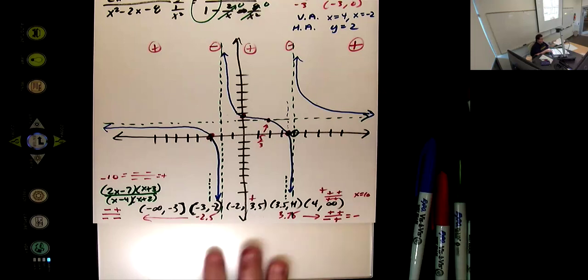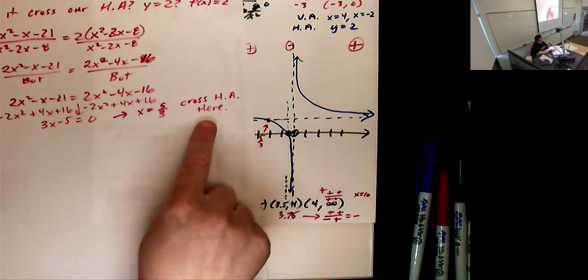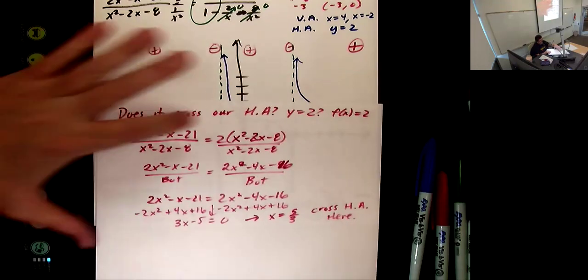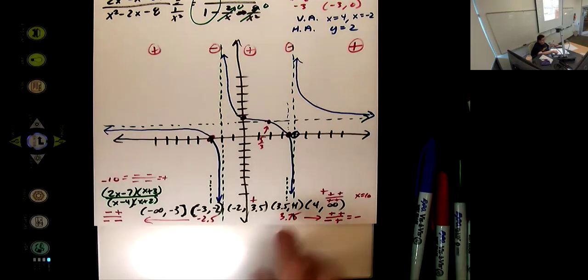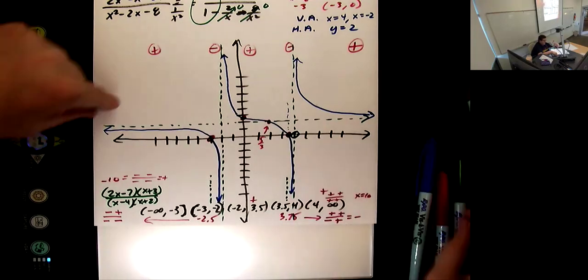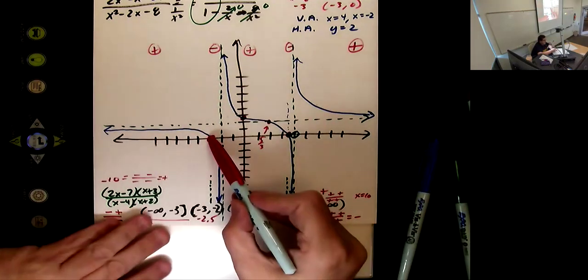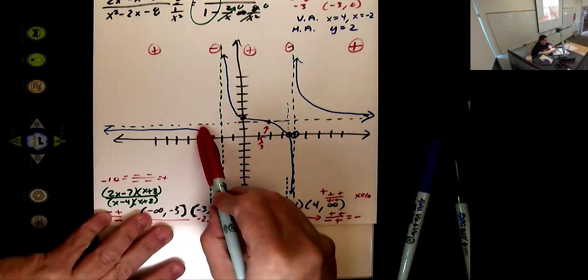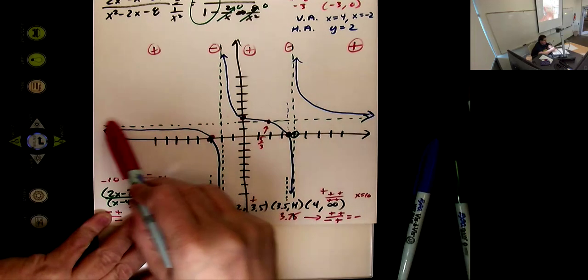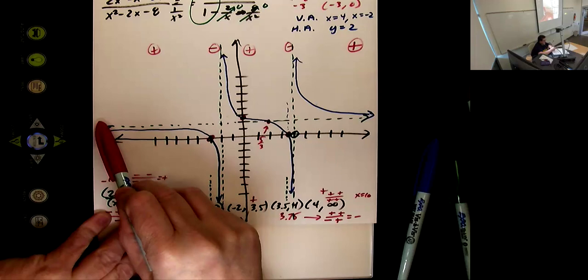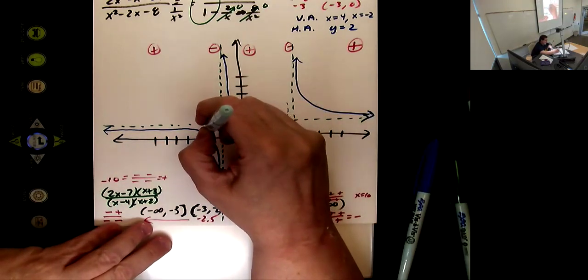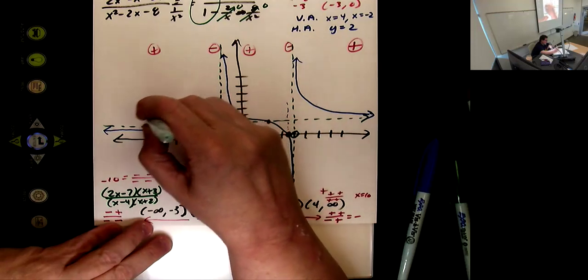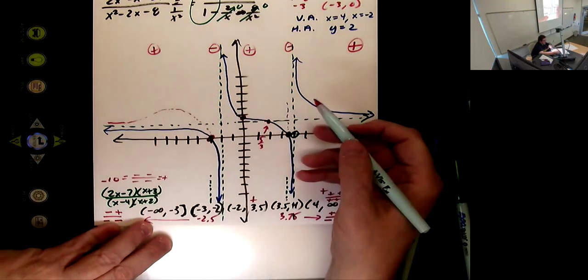One good thing about doing where does it cross the horizontal asymptote by setting the function equal to it is I know that this doesn't do something like this. It doesn't go above it and then come back down and follow it like that. Does that make sense? So it could have been something like this and then came back down and followed it.